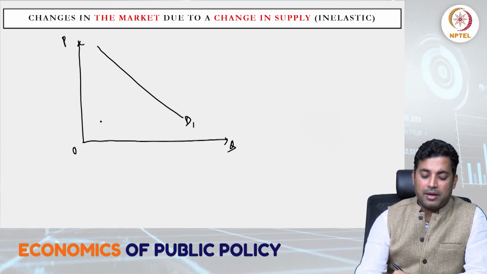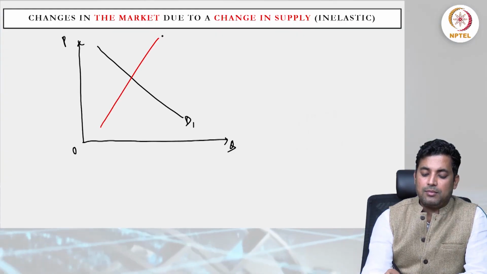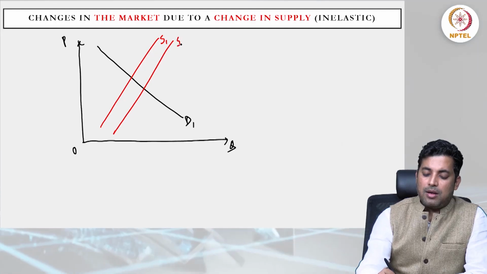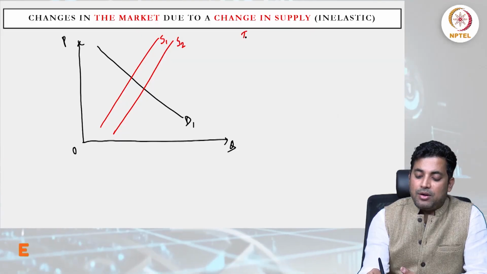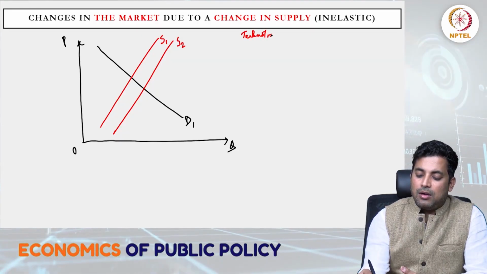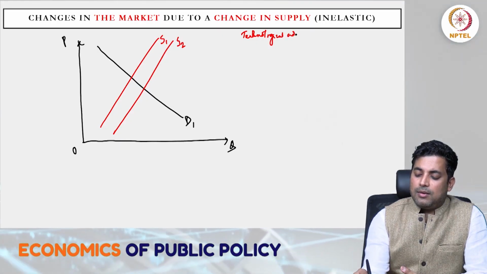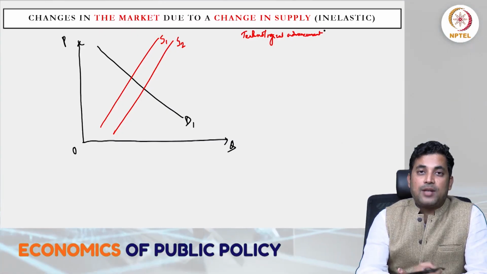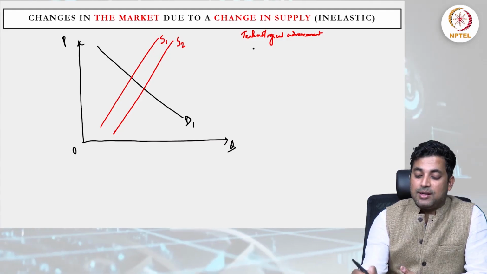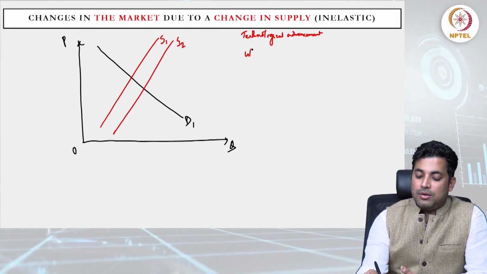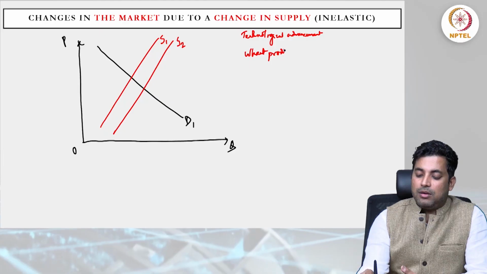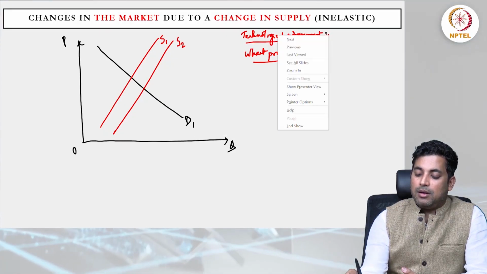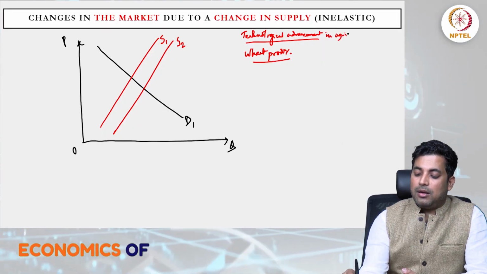But suppose the supply curve, say S1, due to, for example, technological advancement, there is more supply of agricultural commodities, say in wheat production, and this technological advancement had happened in agriculture.